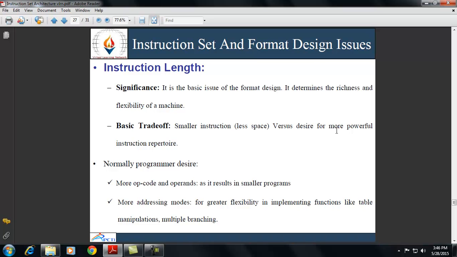Now, what are the factors to be considered for deciding the instruction length? There are various factors. First is memory size. If a larger memory size is to be addressed, then more bits may be required in the address field.